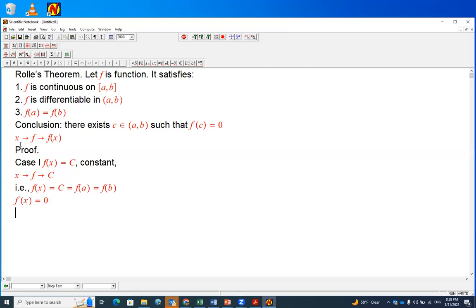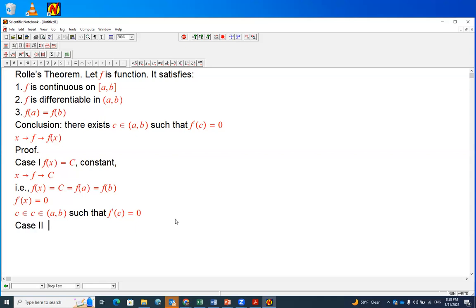And of course, we can take any c in between a and b. So c can be any number in the interval such that the derivative at that point is equal to zero, because f is differentiable at every point inside the interval. So that's case one.